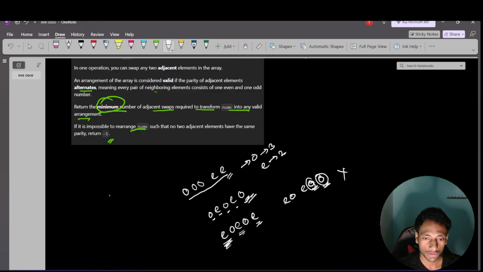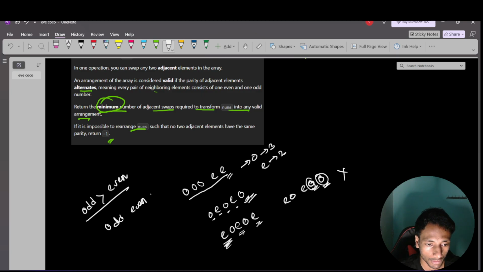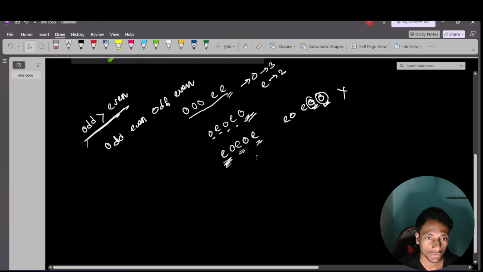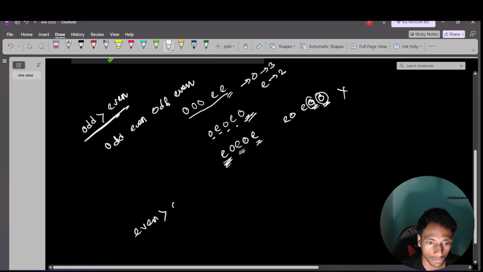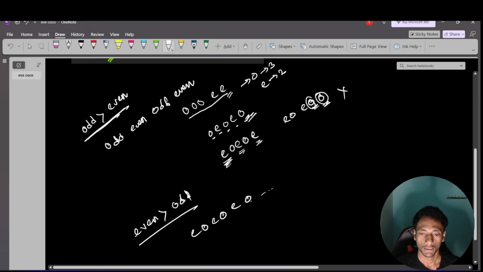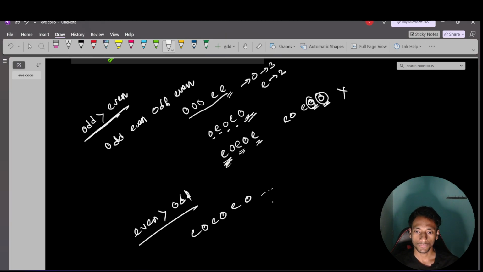One thing I can observe: if the number of odds is greater than the number of evens, then it can only start with odd, even, odd. This is clear from this example. Similarly, the reverse is also true: if the evens are greater than the odds, then it can only start with even, odd, even. So this is clear.